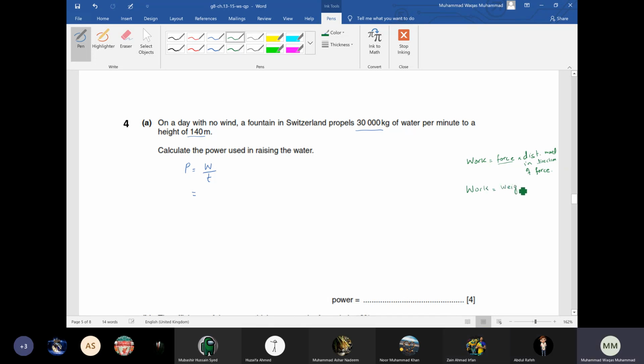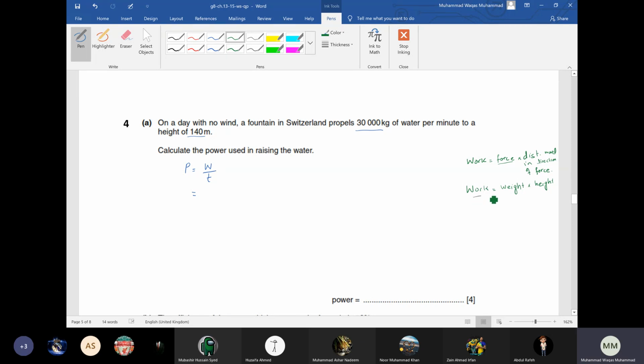So here the water is being propelled upwards, so the work would be weight, and the distance moved in the direction of force is basically height. So work is weight times height, right?